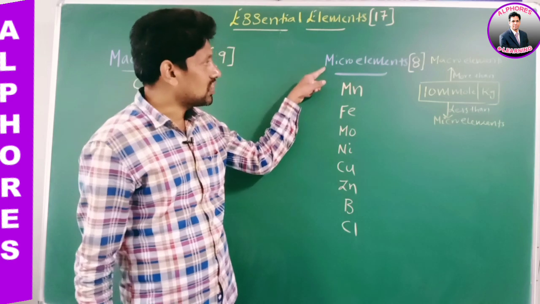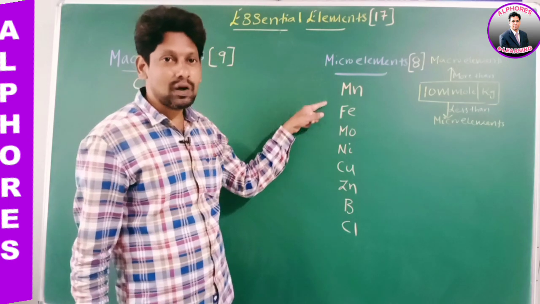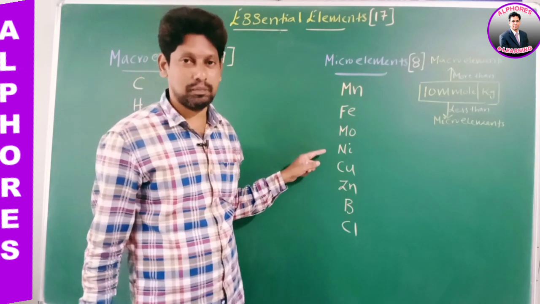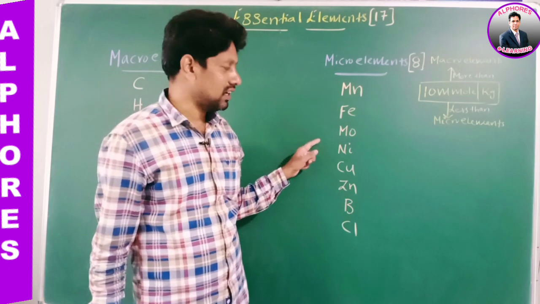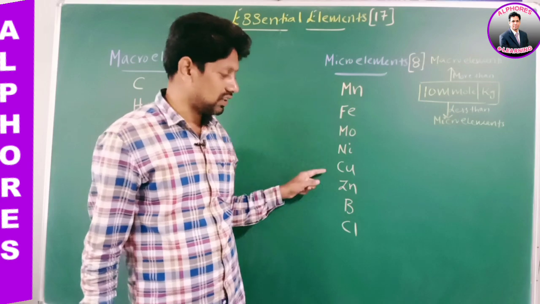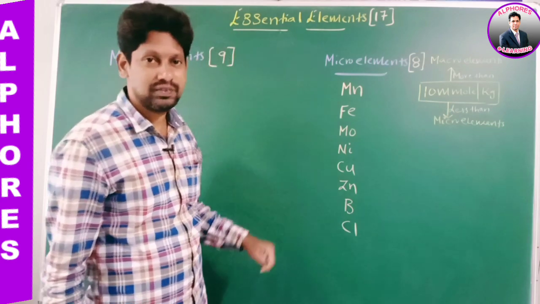All these are micro elements, required in small quantities for growth and development of the plant, that is, less than 10 mole per kg. Is it okay?